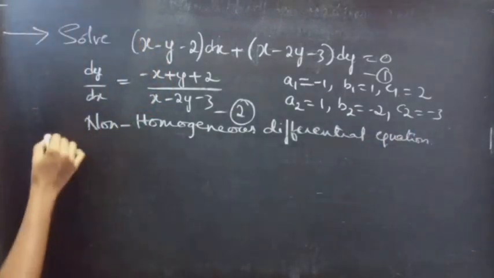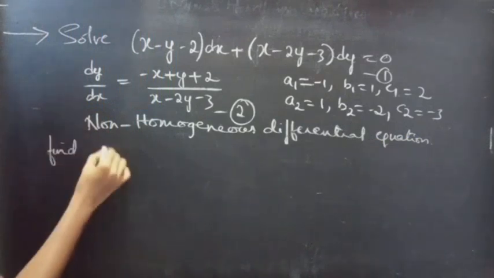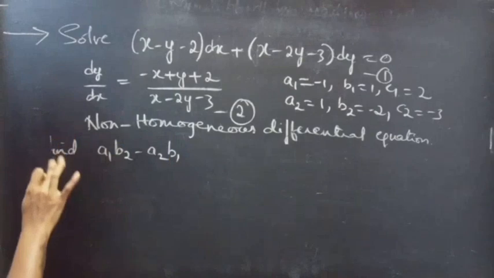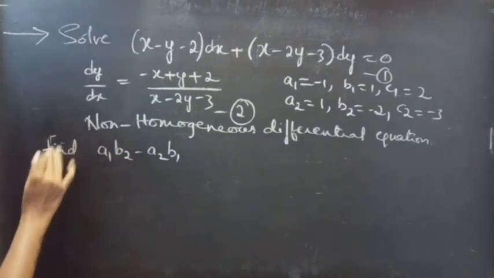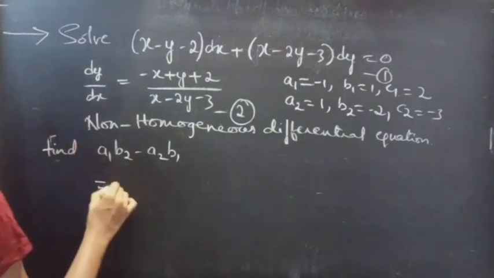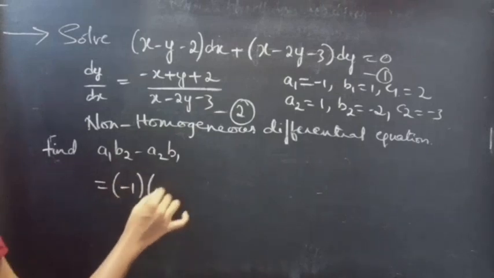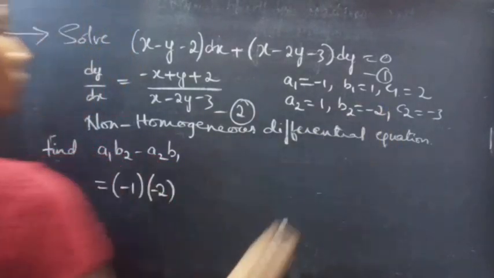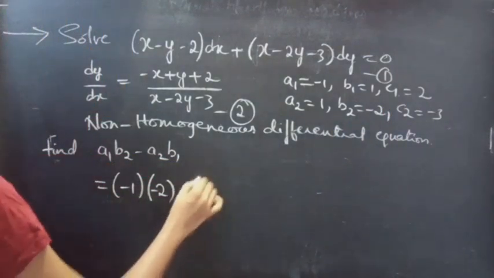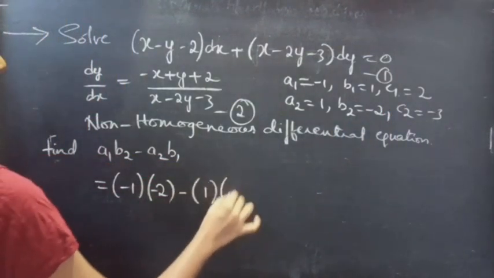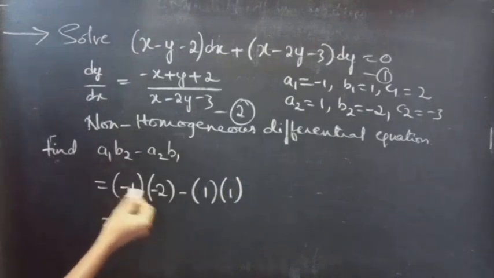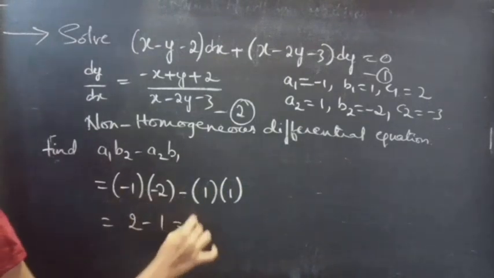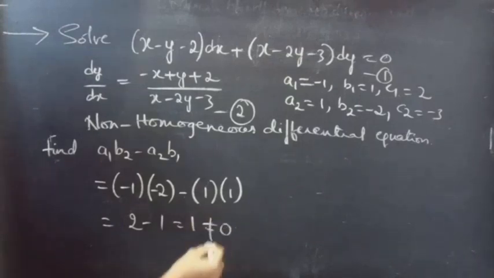Now, find a1 b2 − a2 b1, which equals (−1)(−2) − (1)(1) = 2 − 1, which equals 1, which is not equal to 0.